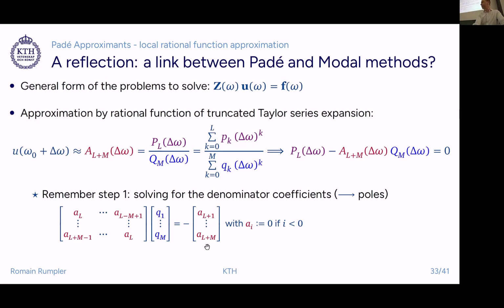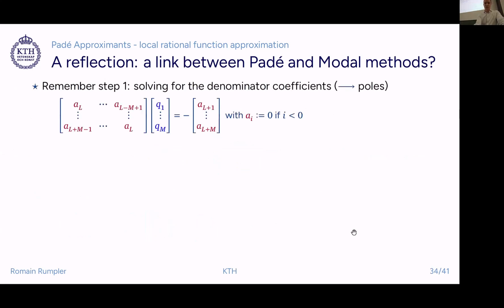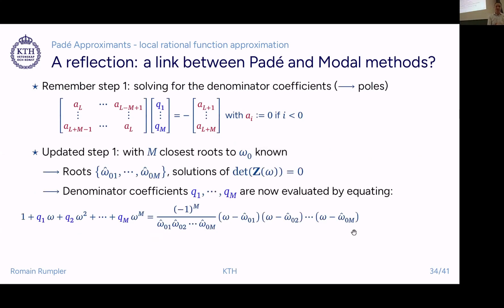Let's try to skip that step, using the fact that the roots of the problem here, of the left-hand side, the system matrix, are a way to get direct access to those poles.